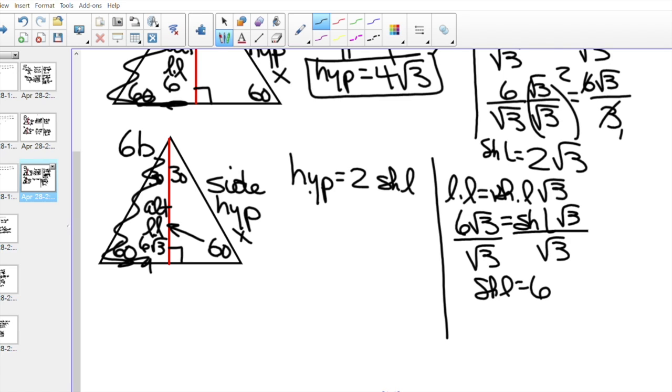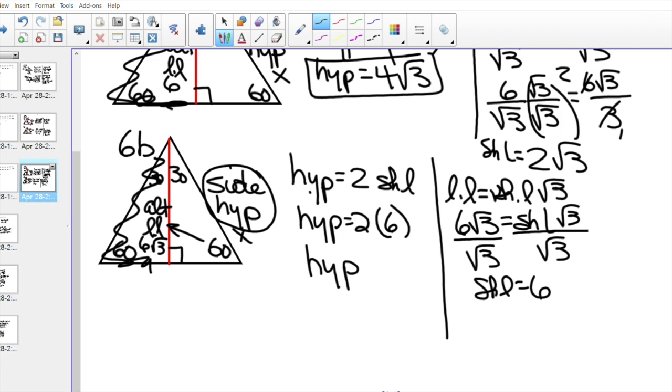But we need the hypotenuse, or the side of the equilateral. They're the same. Even though they're 2 different words, they represent the same value. So the hypotenuse is 2 times the 6, which is the shorter leg, and so that becomes 12.